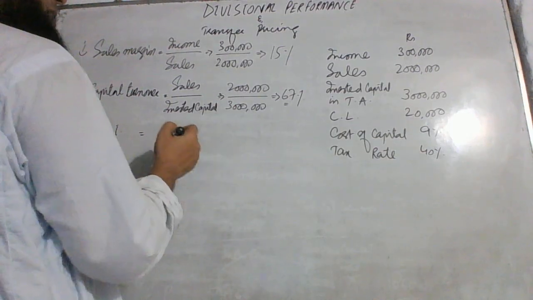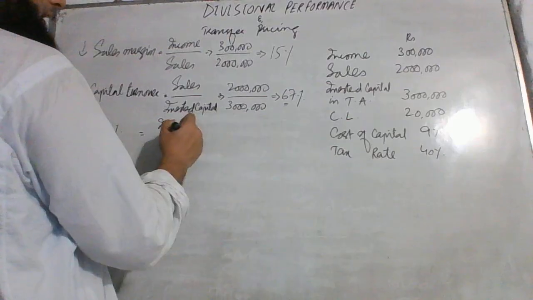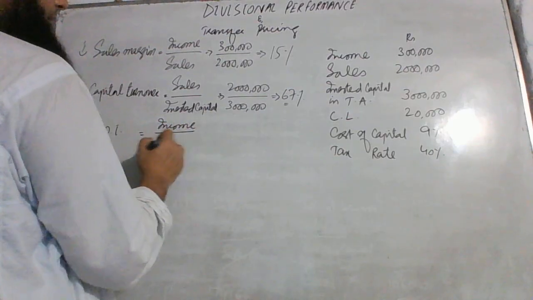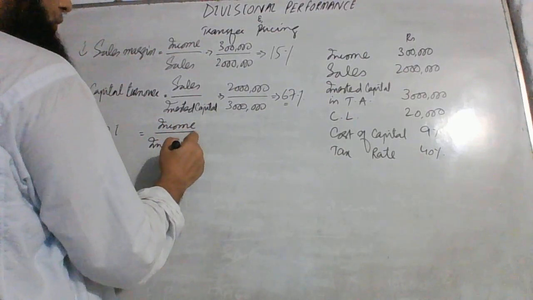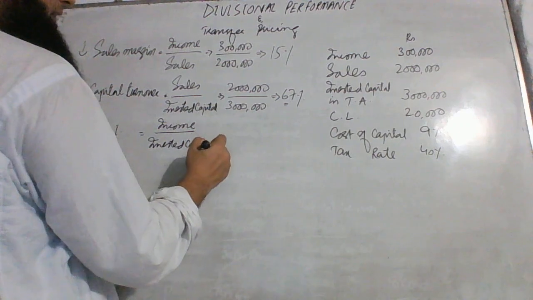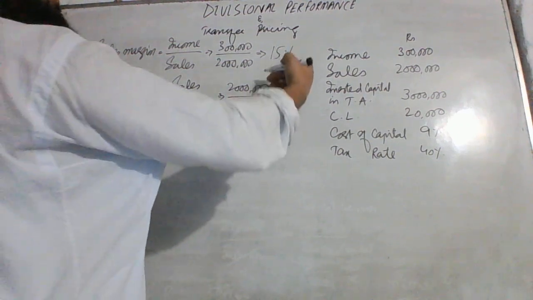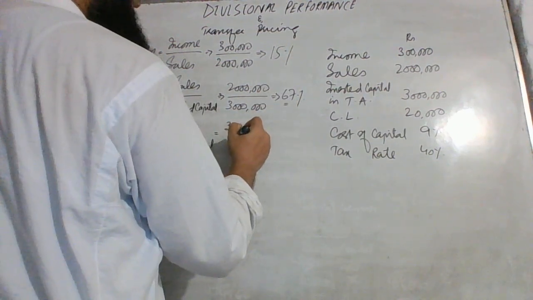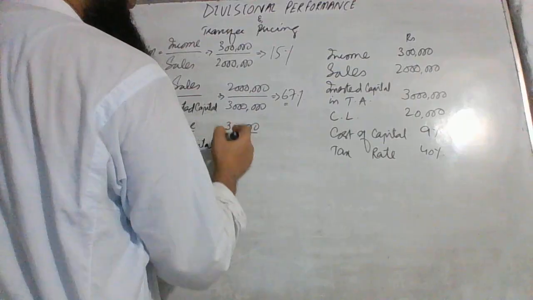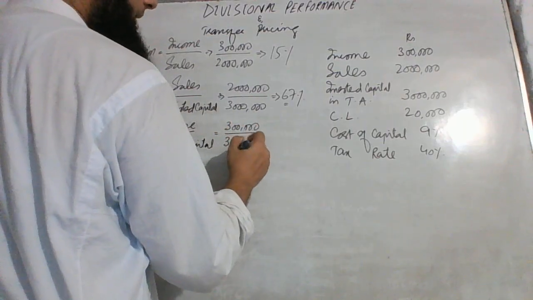The other measure is return on investment. Well, ROI is equals to income upon invested capital. In this regard, we have income of 300,000, while the invested capital is 3 million.